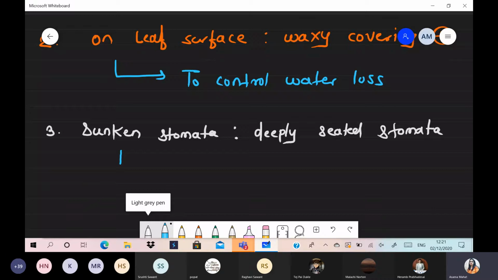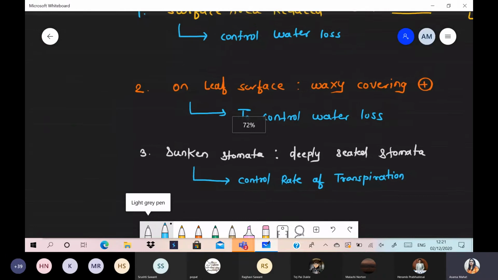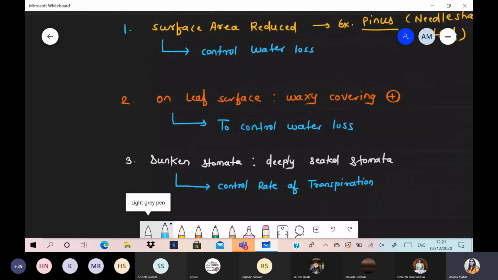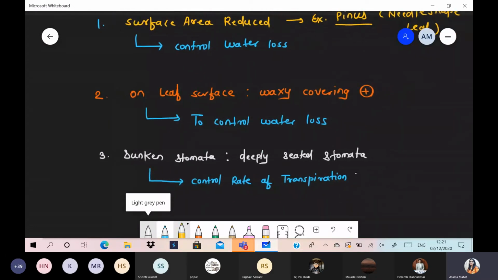So sunken stomata can control the rate of transpiration. And what is the meaning of transpiration? Again, that is water loss. Water loss via stomata is simply called transpiration.